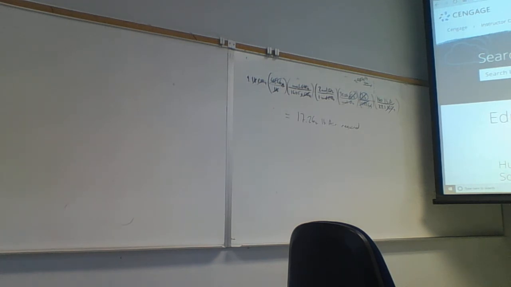Let's say an alloy contains copper and aluminum. Let's say this is going to be 10 grams.